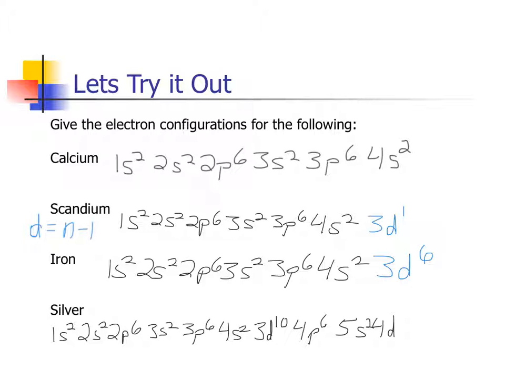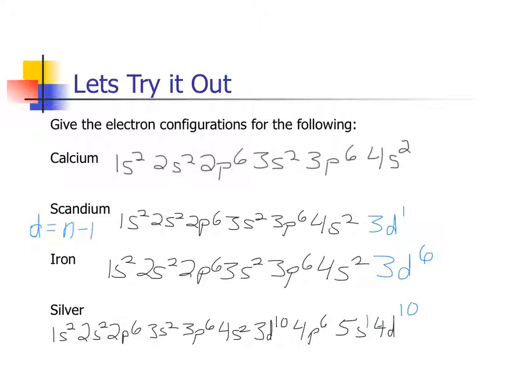And now something crazy starts happening. Silver, if you look at it, is just one shy. Technically you could have written 4d10. That's one way of writing it. I'm not going to worry about it. If you write 4d9, that's good. But all technicalities would say the way it is supposed to be written is 5s1 and then 4d10.